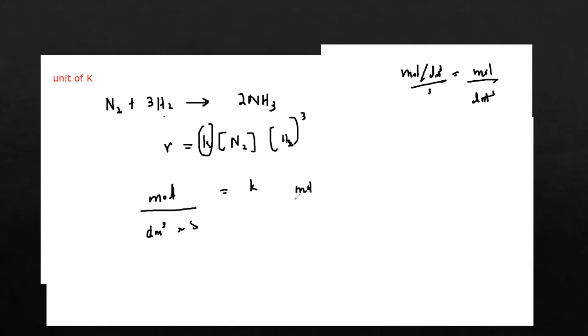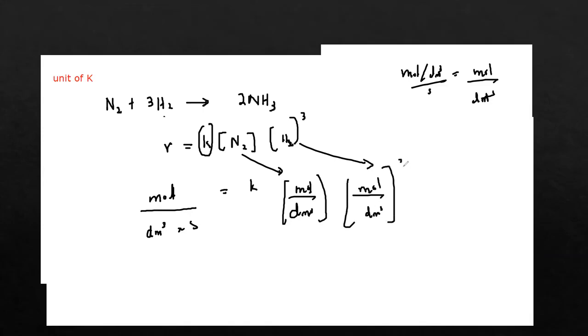The unit of concentration is mole per dm cube. That is the unit for nitrogen concentration, and for hydrogen concentration the unit is mole per dm cube, but that is raised to power 3. So this mole per dm cube will cancel with the mole per dm cube on the other side, and it leaves 1 over second.